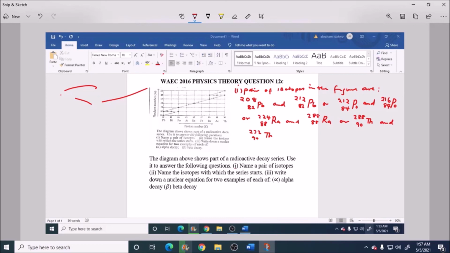Okay, so these are the names of pairs of isotopes as can be seen in the diagram.